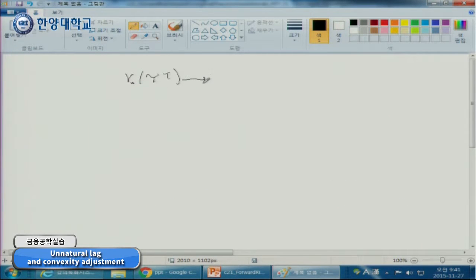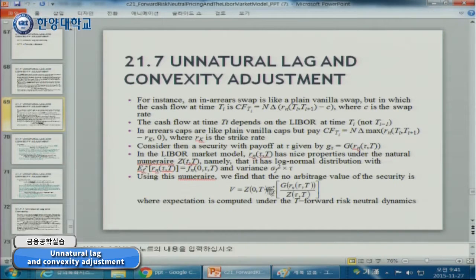Once you simulate it, the discount factor Z(tau, T) is simply 1 over 1 plus R_n(tau, T) times delta. So you simulated this one, you can simulate this one too. Simulate it, get the average discounted back, done. So easy. There's nothing difficult about it.